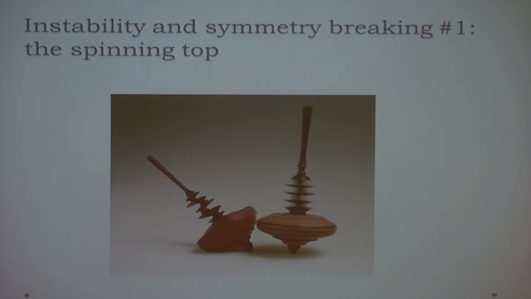Now, turning to somewhat less trivial problems. This is the spinning top that most of us played with as kids. And to the right you see a spinning top which is kept upright and is thus a symmetric system.